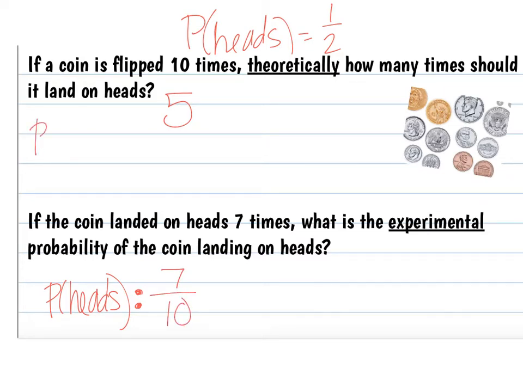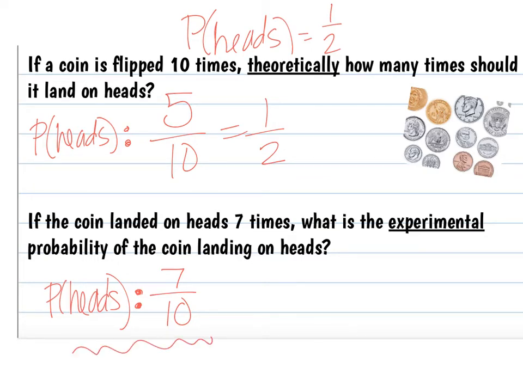So the theoretical probability, if we write it like this, the probability of getting heads theoretically would be 5/10, because that equals 1/2. So 5 out of the 10 should be heads. But as we know, that never happens, right? This is all just a probability, and it's just kind of what should happen, and then we can see that this is what actually happened. So if you flipped a coin 10 times, you would probably get a different experimental probability than what we got in this example.